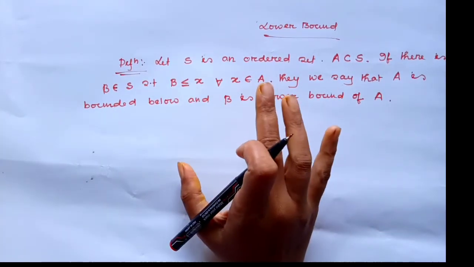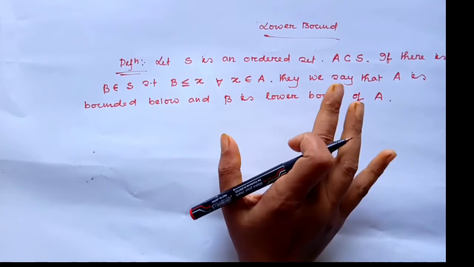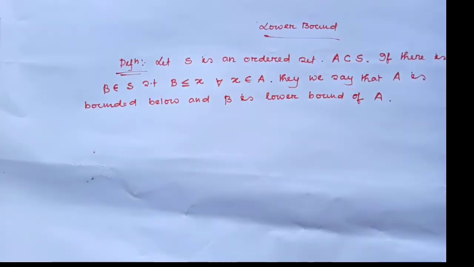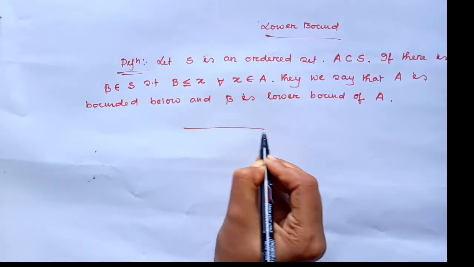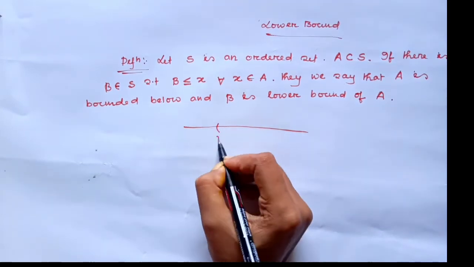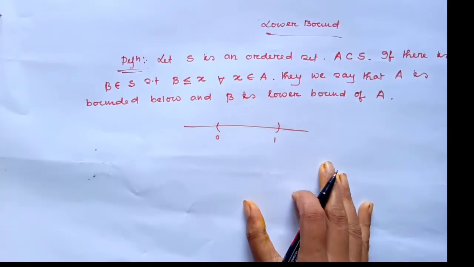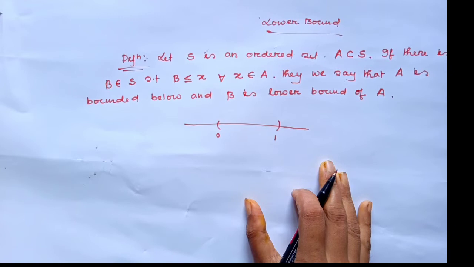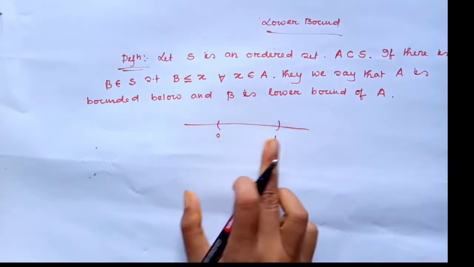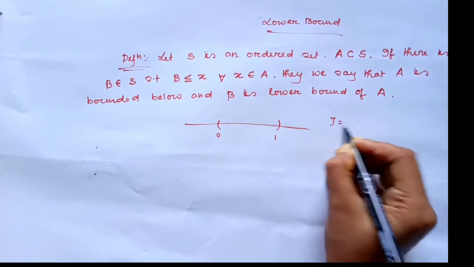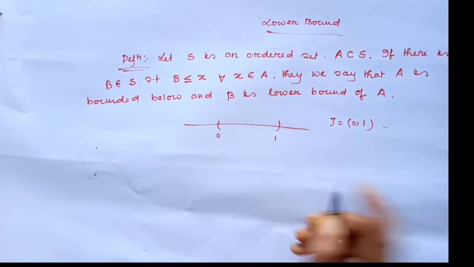Then there will be many lower bounds of the set A. Let's look at a simple example. Let us consider the open interval (0, 1). Here 0 is a lower bound of the interval J equal to (0, 1).